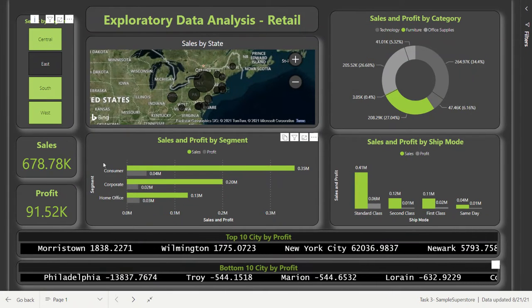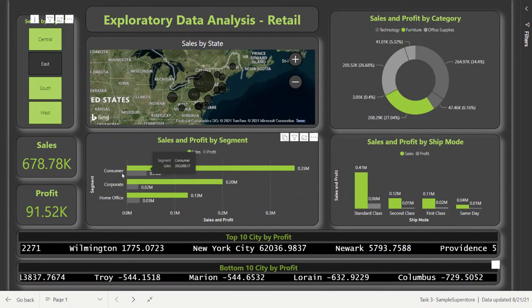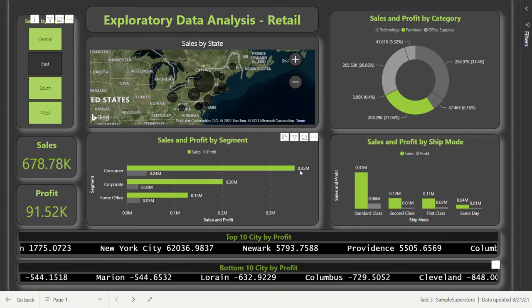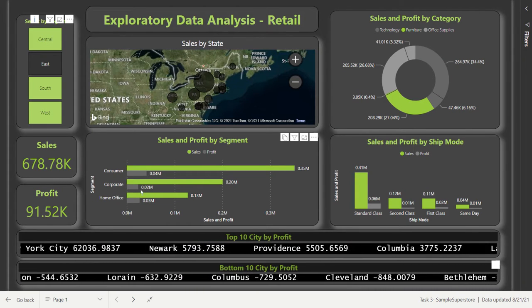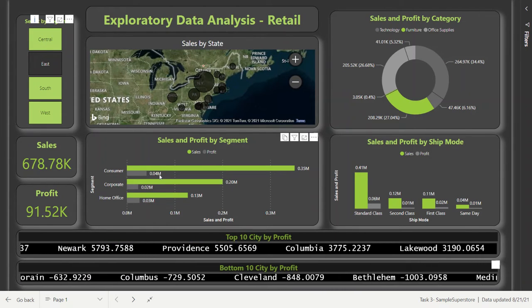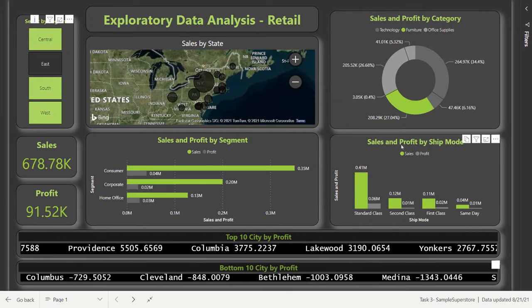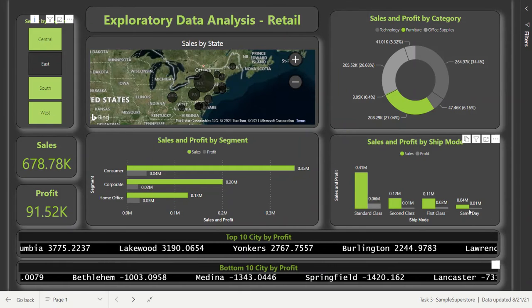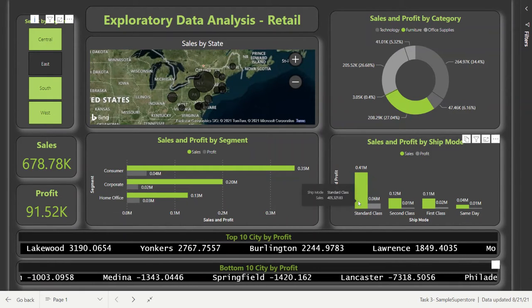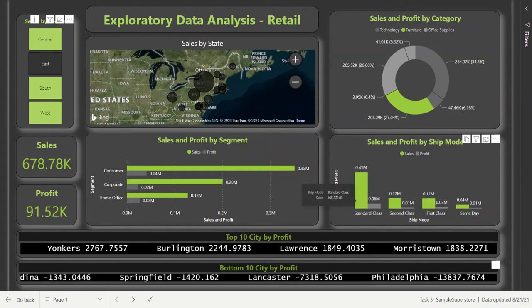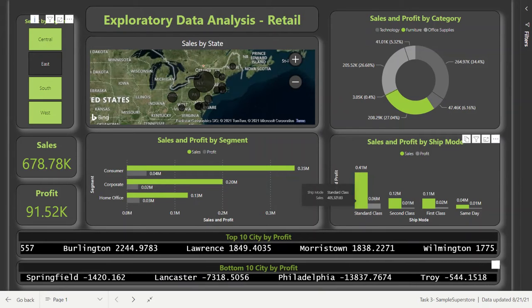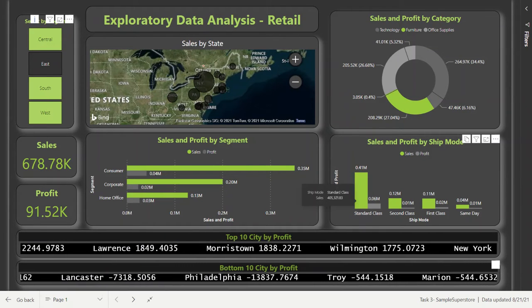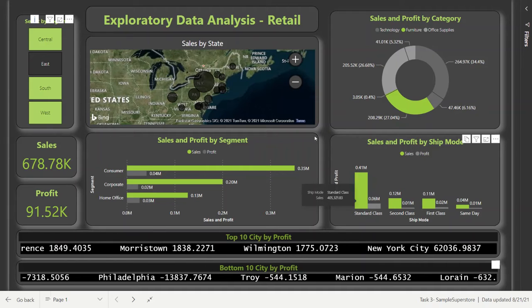If we talk about the segment, we get the maximum sales from the consumer part, around $0.35 million, with a profit of $0.04 million. And in the ship mode, again we can see that from the standard class we get maximum sales and maximum profit, but in the same day class we get less sales and less profit.